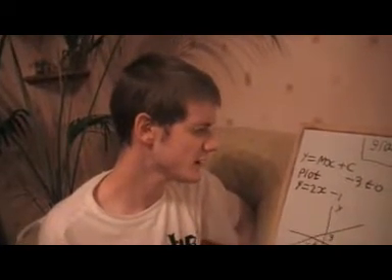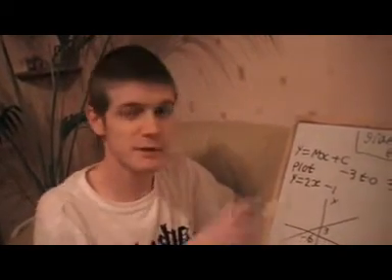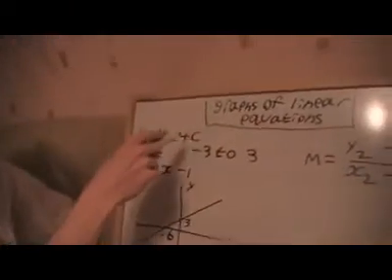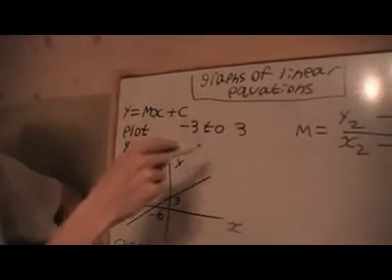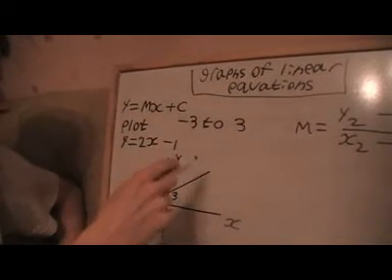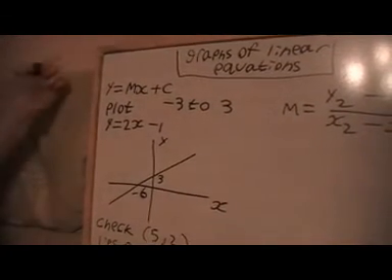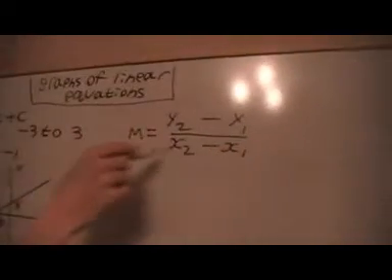Right, in this video we're going to learn about graphs of linear equations, and it's basically the graph of the form y equals mx plus c. M is the gradient and c is the y-intercept. And to find the gradient, here's the formula here.